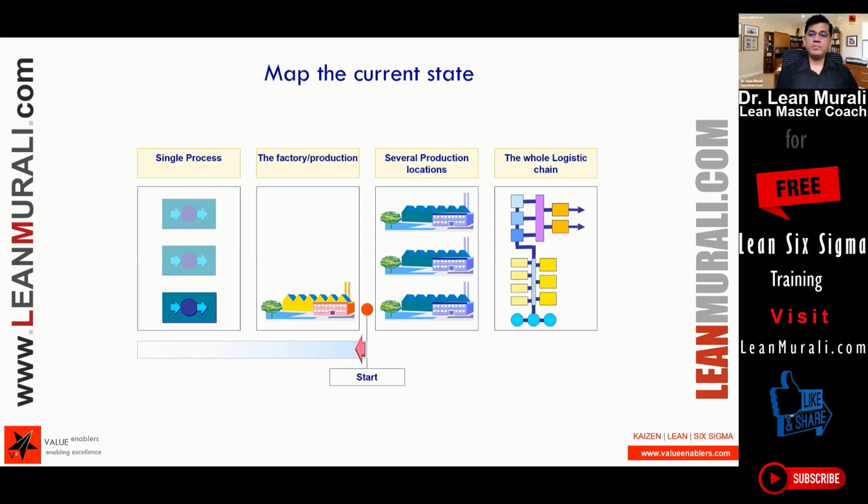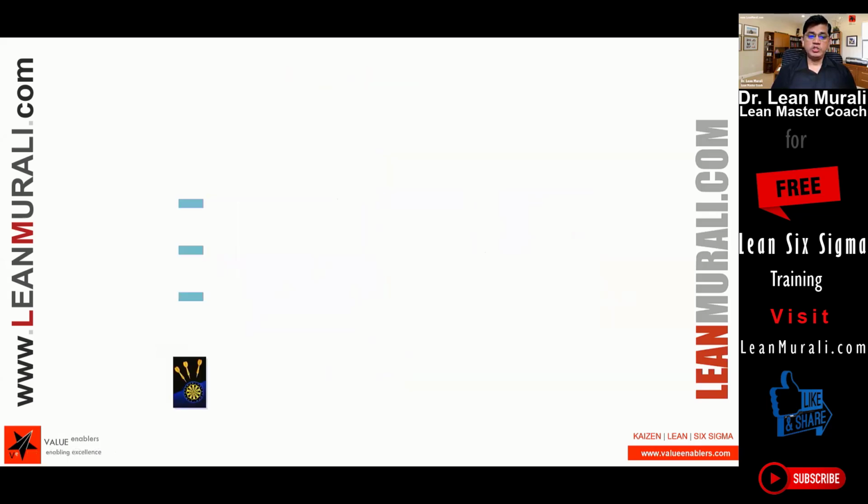The entire value chain is your suppliers and their suppliers, your customers and their customers, and even the logistics distribution. So you start from a single factory or production unit, go through this process, and then you can go to the several production locations along the entire logistics chain.